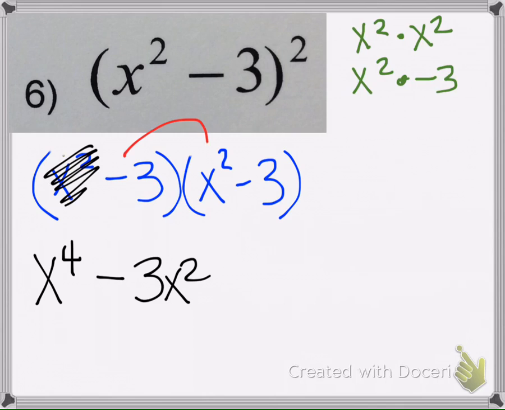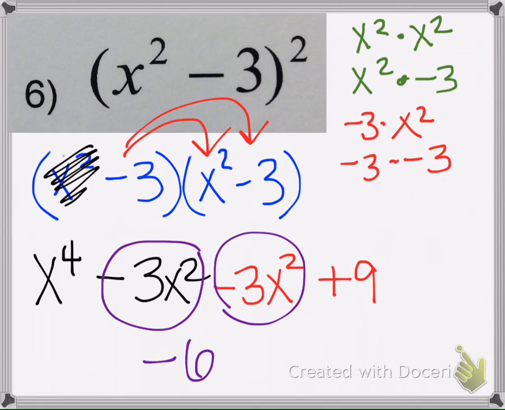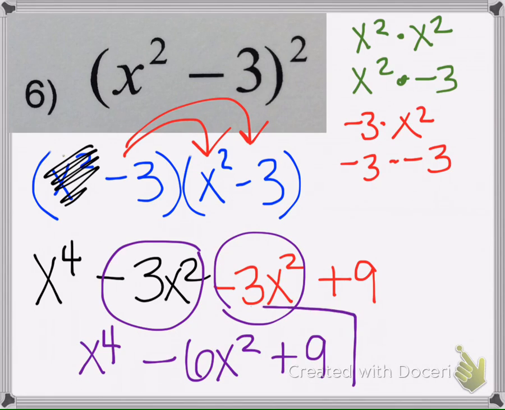And then we would have negative 3 times x squared and negative 3 times negative 3. Then we would combine our like terms. And we would have our answer.